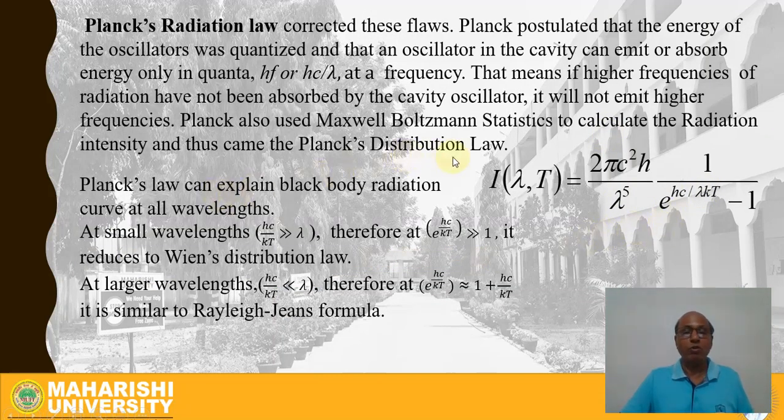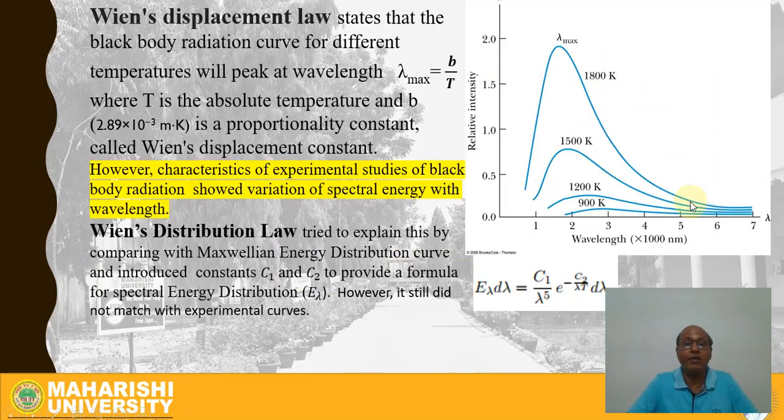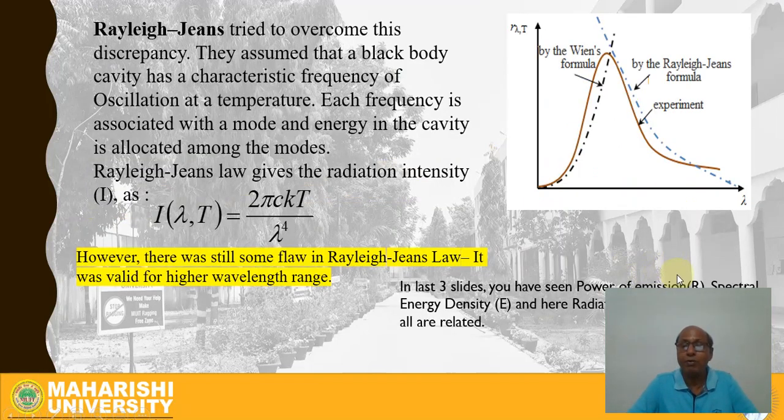Now, Planck's law explains the distribution of intensity of radiation, and here you can see, if you compare with the Rayleigh law formula, then the exponential part is not available in the Rayleigh formula, whereas in the Wien's distribution formula, as you can see, the exponential part is available.